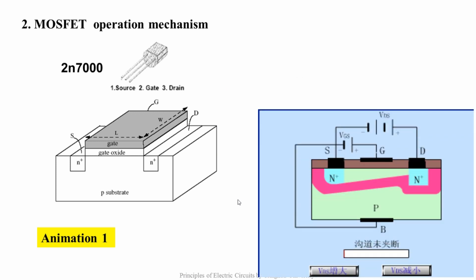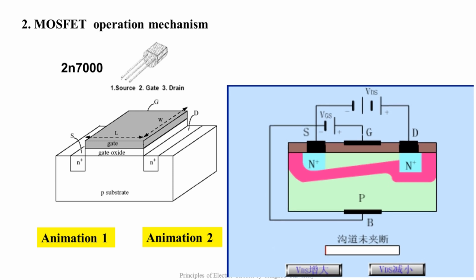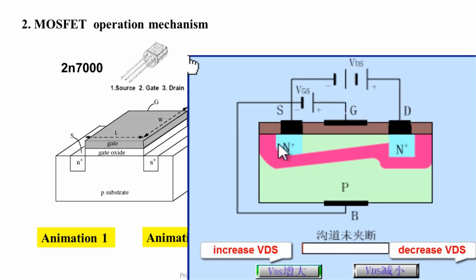Next, let's see the change of the conduction channel's form when the power sources are connected between G and S, D and S both. You can see now the channel is a wedge shape, which means the two sides don't have the same width. Let's see how the channel changes when we change the value of UDS and keep the value of UGS constant.